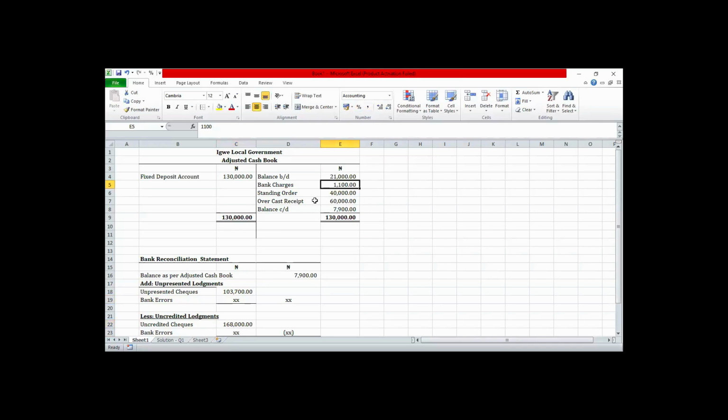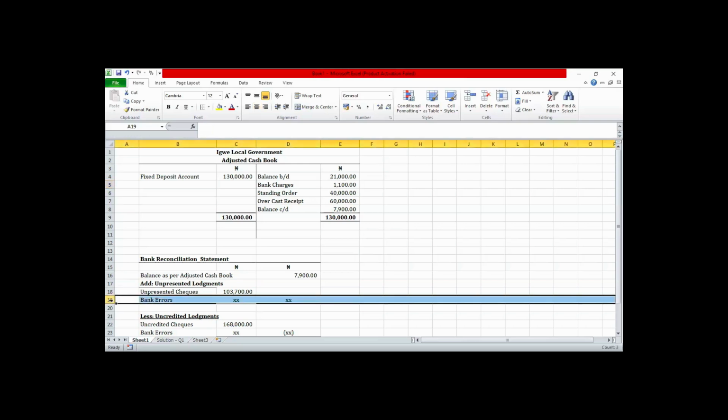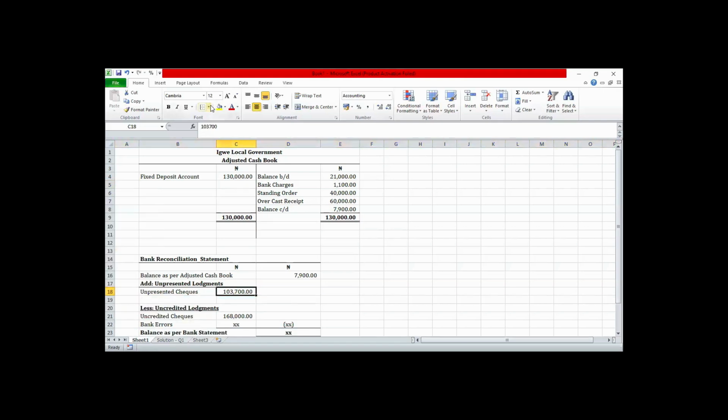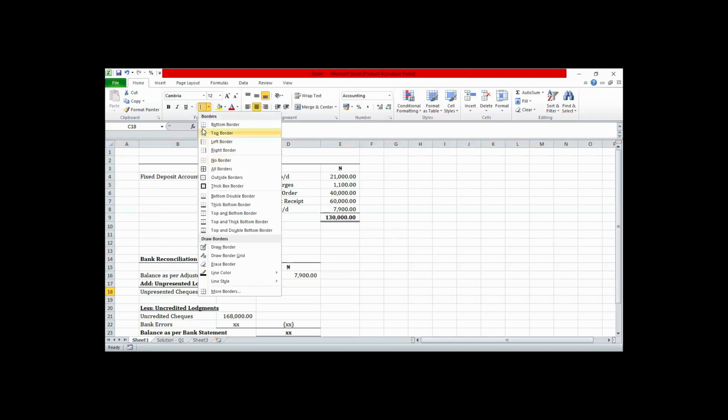You're going to pay that. What do you say? There's no more transaction, sir. Okay. If we don't have any other transaction again, let's delete those ones that are not there. Then we balance the account.